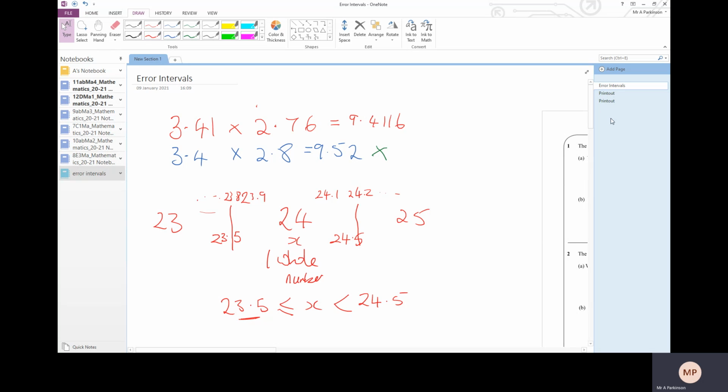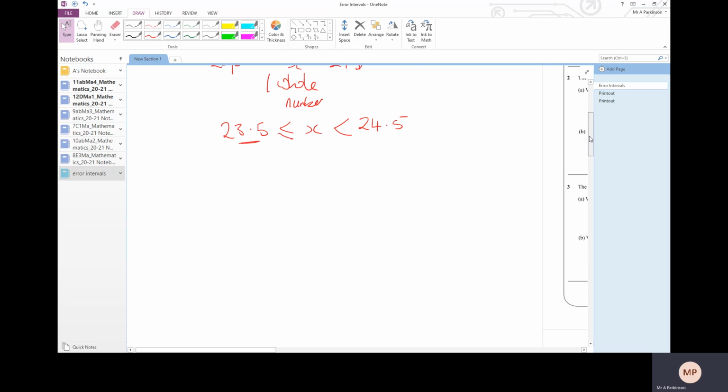Now that's the way that error intervals work, and you've got to think about how it does it in the various different forms. So if we've got another number, let's say 6.7, and it's been rounded to one decimal place. Because it says one decimal place, what we do is write the original number, go up and down by one number on the decimal place. So we go to 6.8 and 6.6, find the middle values.